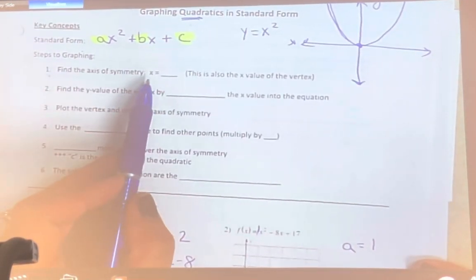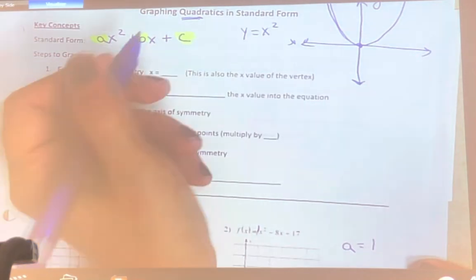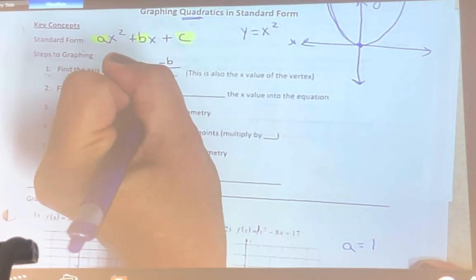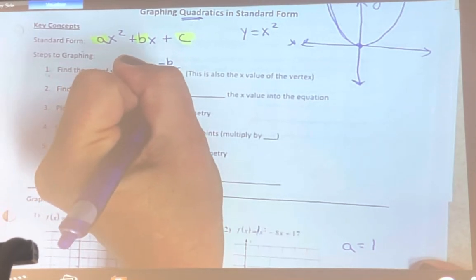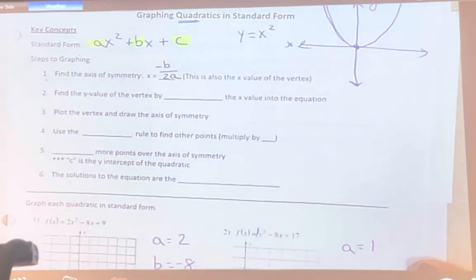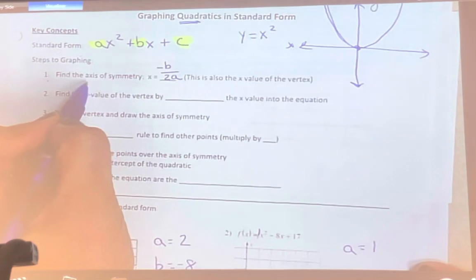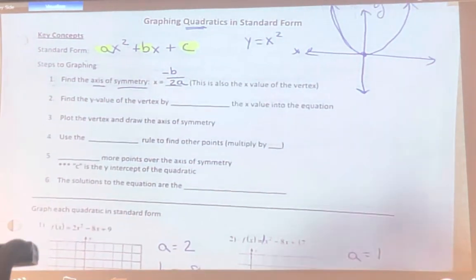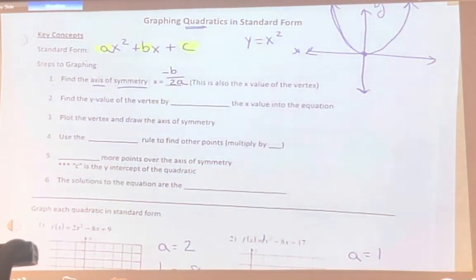The axis of symmetry is x equals -b over 2a. And now again, you want to think about the words that we're using. Axis, symmetry. An axis is something maybe like an axle, if you think about cars, that kind of spins around.